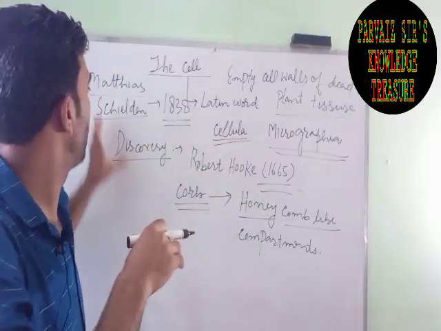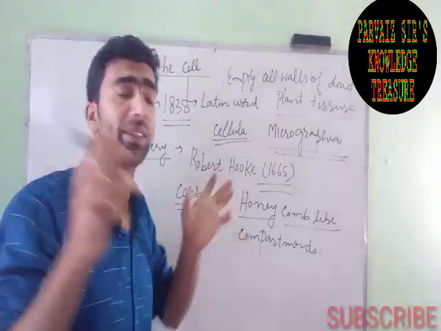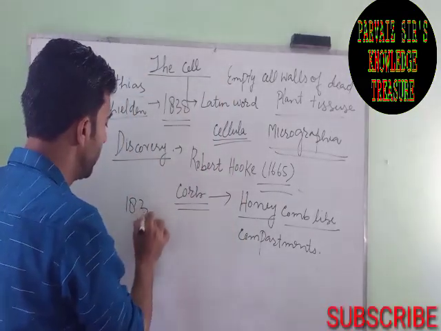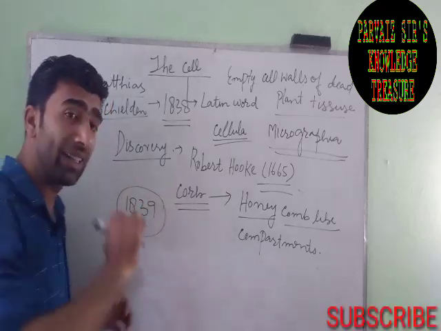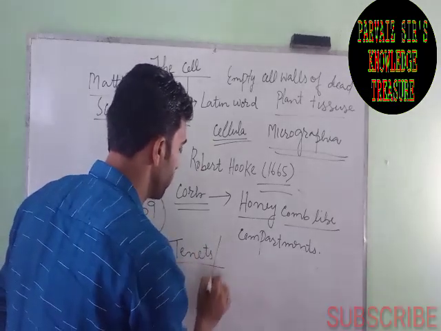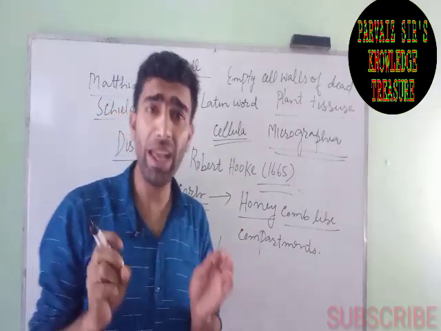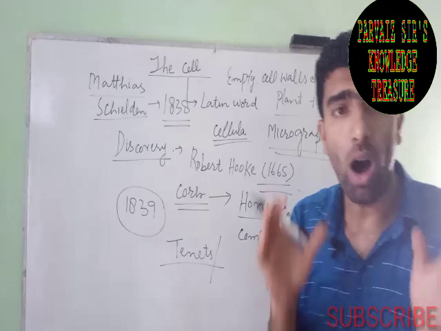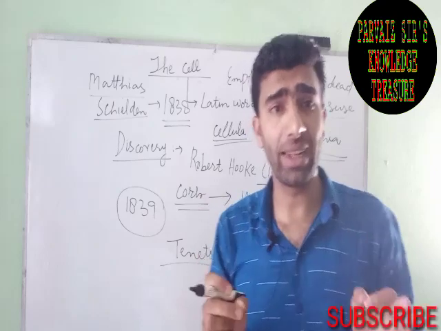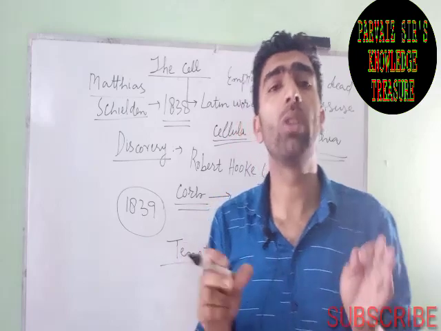These two statements gave rise to a theory known as cell theory, which was formulated in 1839. The tenets or principles of this cell theory are that all living organisms are made up of one or more cells, and the second tenet is that cell is the structural unit of life.